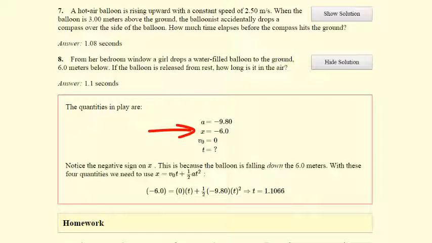So speed is the magnitude of the velocity, in the same way distance is the magnitude of the displacement. So if I were to speak a little bit more technically, more accurately here, I'd say the distance the water balloon falls is 6 meters. The displacement is -6 meters. And that's kind of, in English, one way to express the distinction we're talking about here.